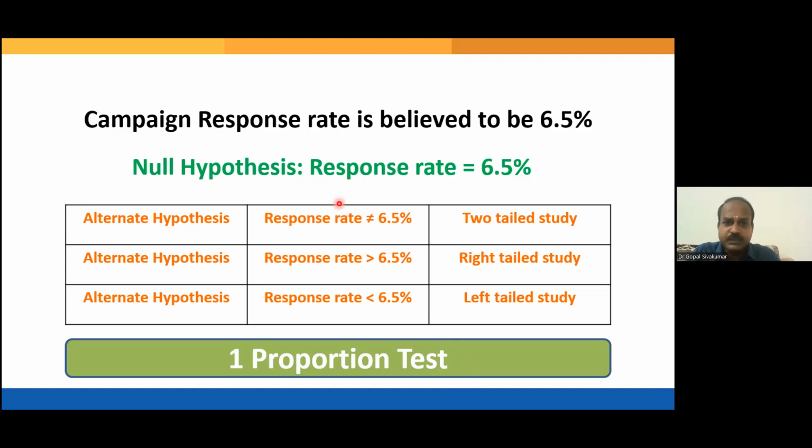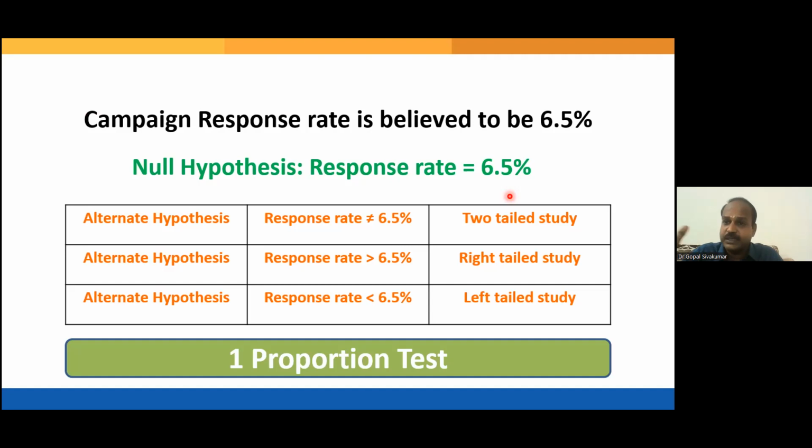See here, this is related to the digital marketing industry. The company believes that generally a digital marketing campaign will give a response rate of how many percent? 6.5%. And now they hired a new digital marketing team. They have come out with a new strategy.